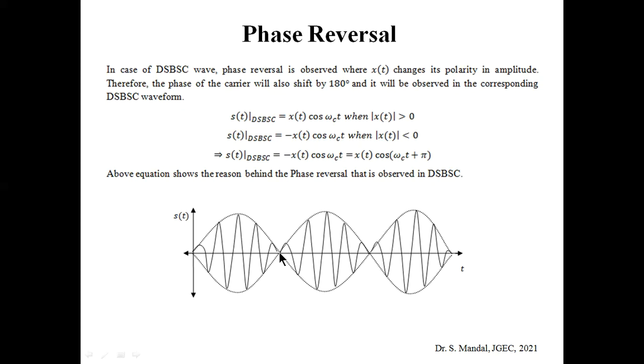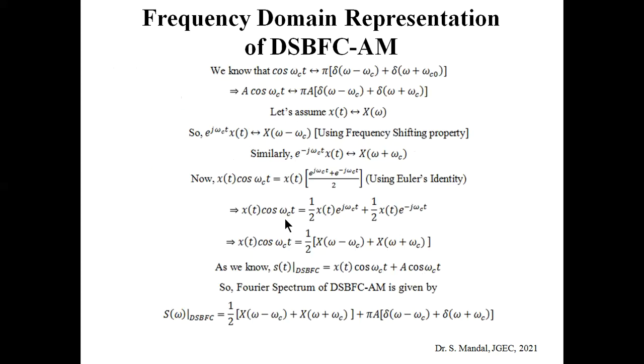Therefore at this point, or at this point, the phase becomes shifted by 180 degrees, and this is known as the phase reversal, which is very important. During the drawing of this time domain representation of DSBSC, please draw properly. You need to show the phase reversal obviously, otherwise the representation is not correct.